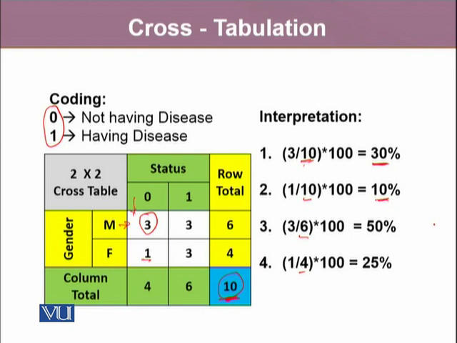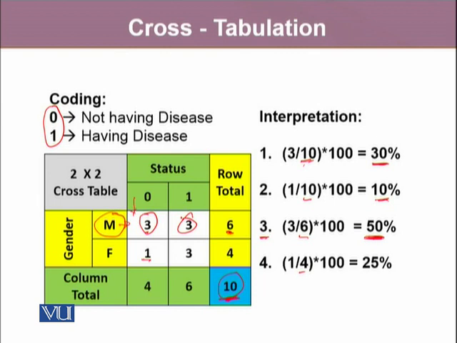Moreover, we can look at this table in terms of its marginal totals. Like in the third one, if we divide 3 by 6, what we actually mean is that among the male group, 50% of the males do not have a disease, whereas 50% of males do have a disease.